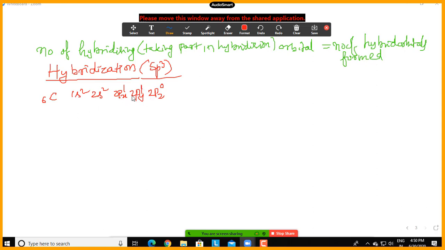Suppose we are taking the example of methane formation.